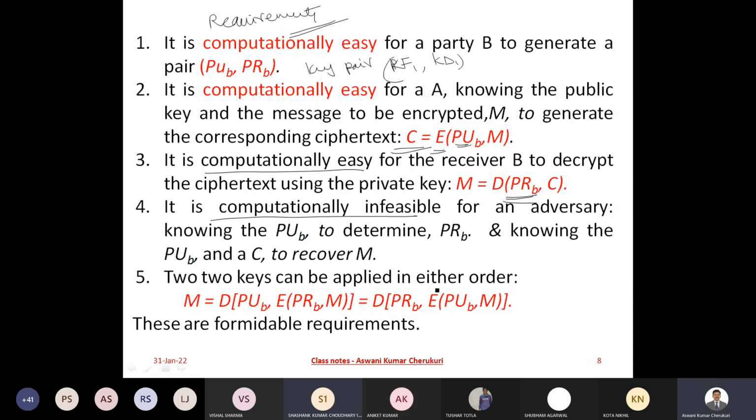Okay, so I can apply in any order. So that should be possible. These are all the requirements of public key crypto systems. In the next class, we will start the RSA algorithm, which is the widely deployed public key encryption standard. Okay. Any doubts?